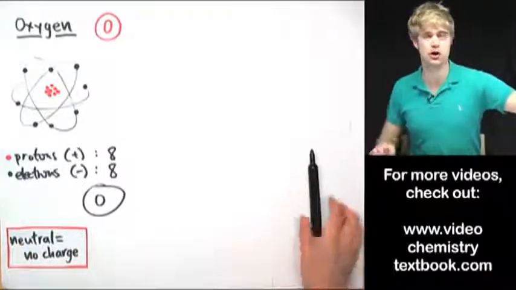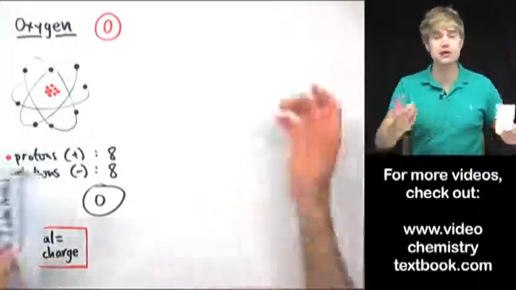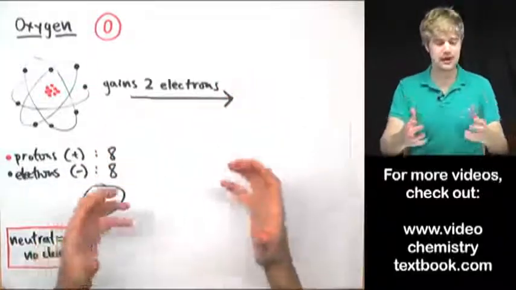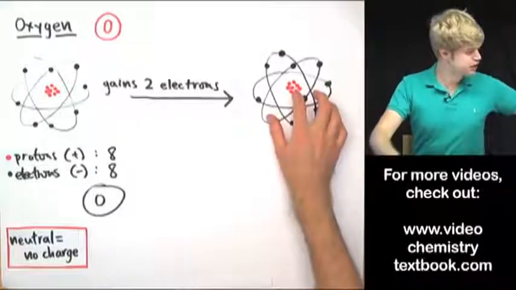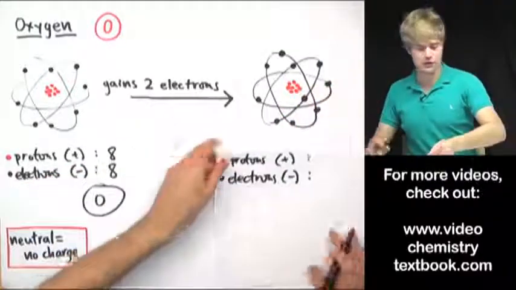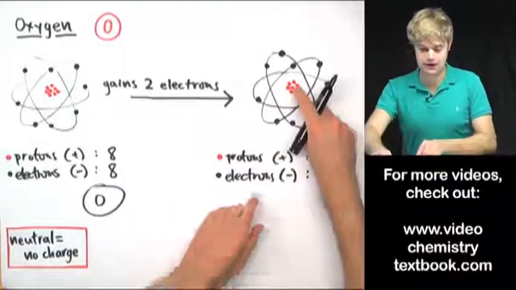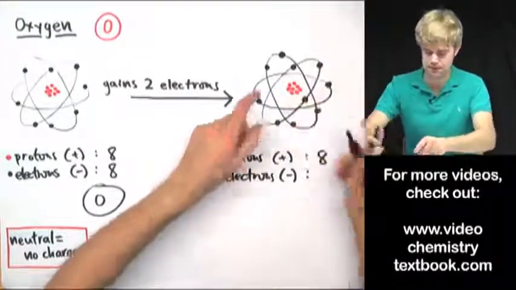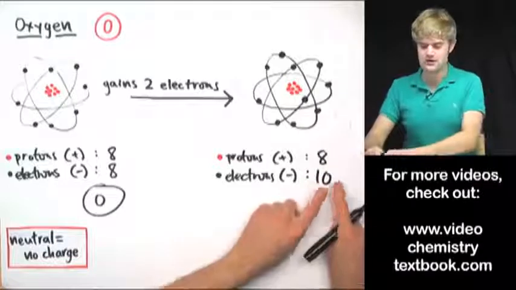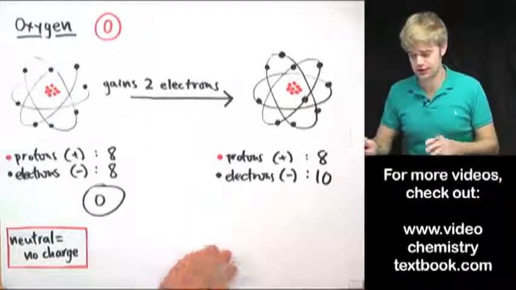It has no net charge. But oxygen can gain or lose electrons, and actually it really likes to gain 2 electrons. And here's a picture of the oxygen atom after it's gained 2 electrons. And now it still has 8 protons in the nucleus. And if I count up these electrons, it now has 10 electrons instead of 8, which it had before.